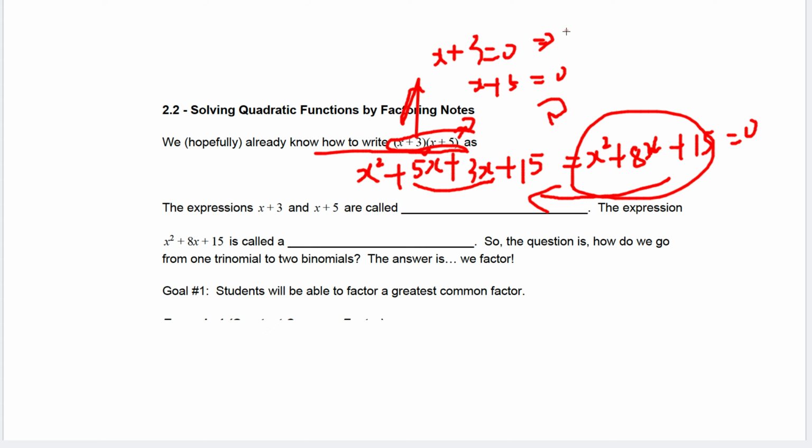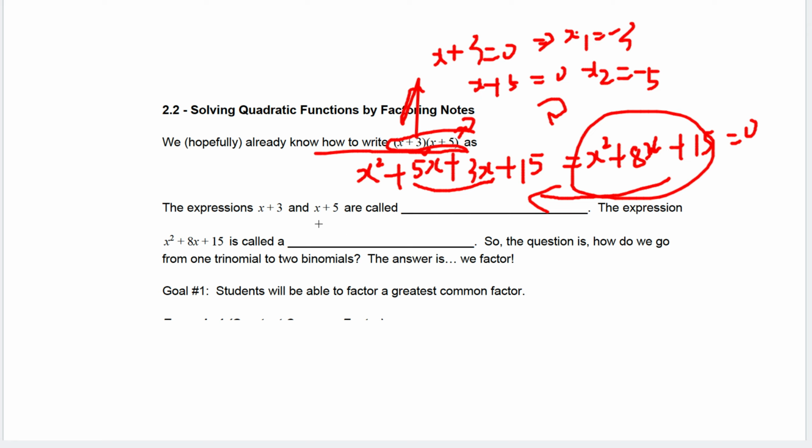So we can get the two solutions, right? One is x1, which is negative 3, and x2 is negative 5, right? So this is our idea about how to use factoring to get the solution of a quadratic function.